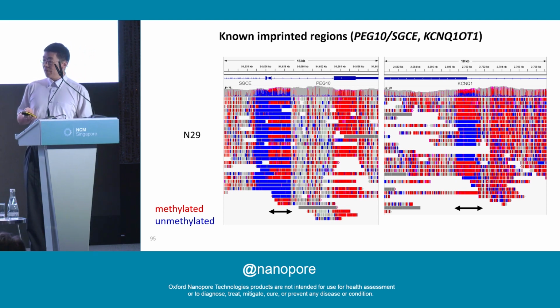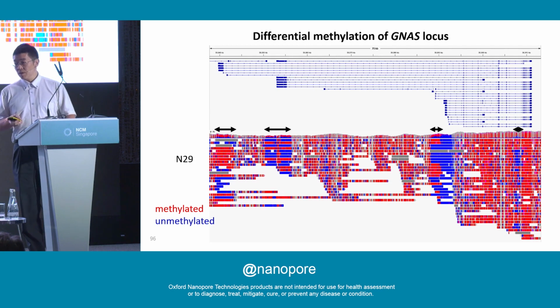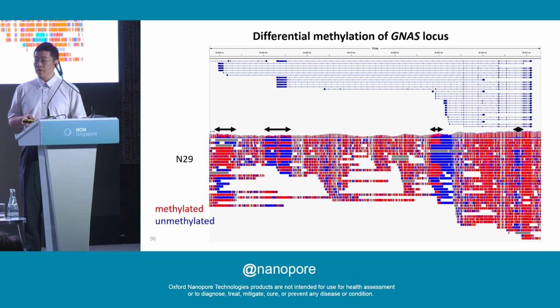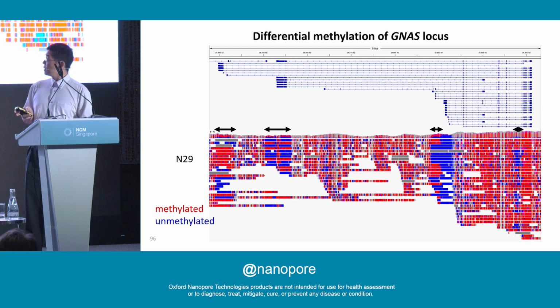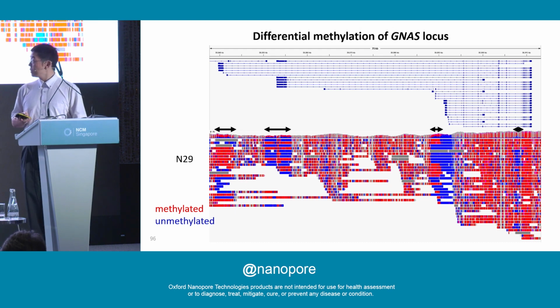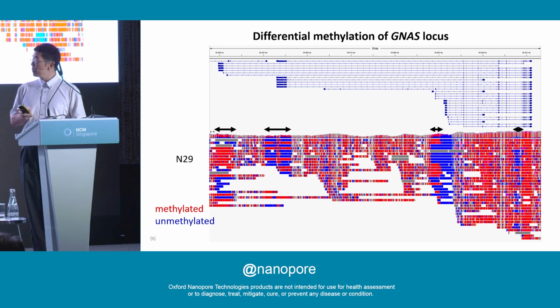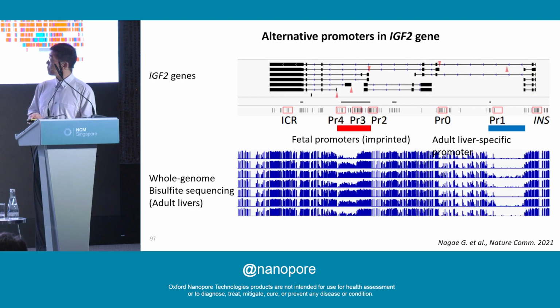That is a very simple imprinting control region, but in that genomic locus there are so many imprinting regions, so it is very difficult to analyze by short-read sequencing. Nanopore sequencing is a very strong approach to elucidate such a complicated imprinting center.